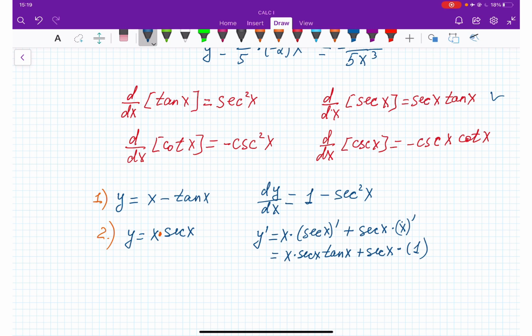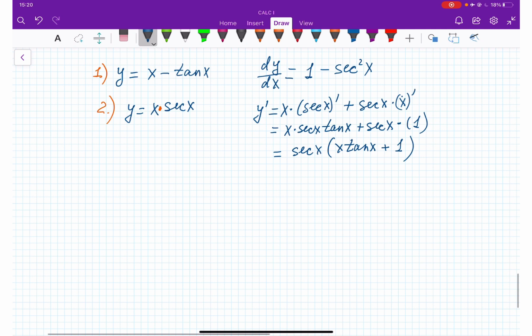So we have secant x as a common factor. We take out secant x and we will have x tangent x plus 1. Yes? Okay. Next example.